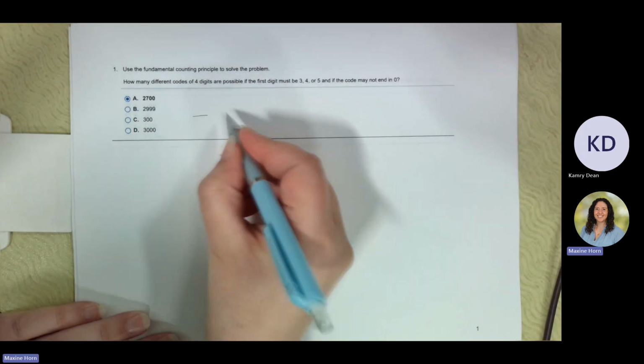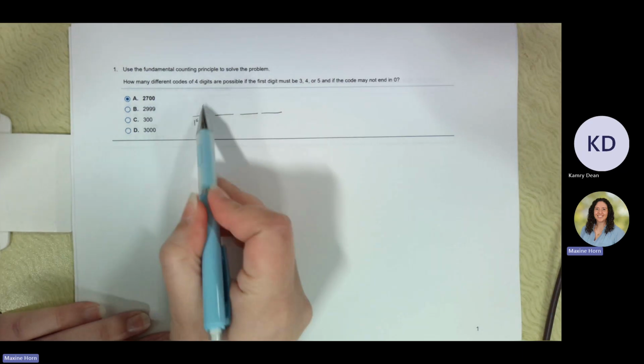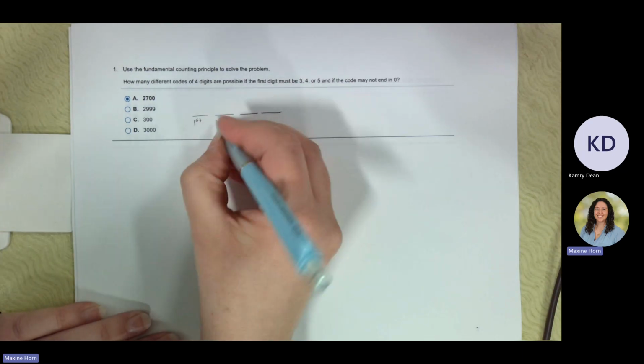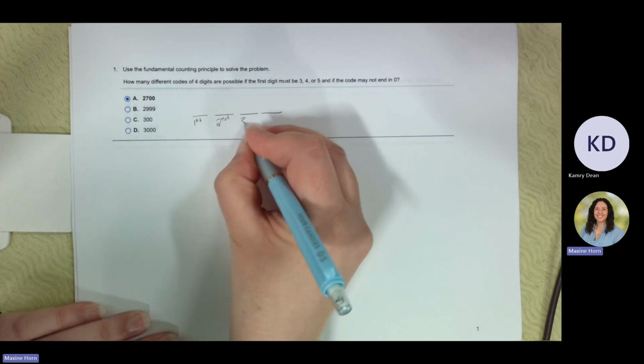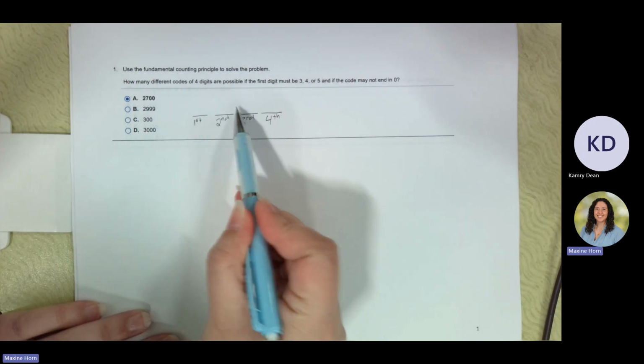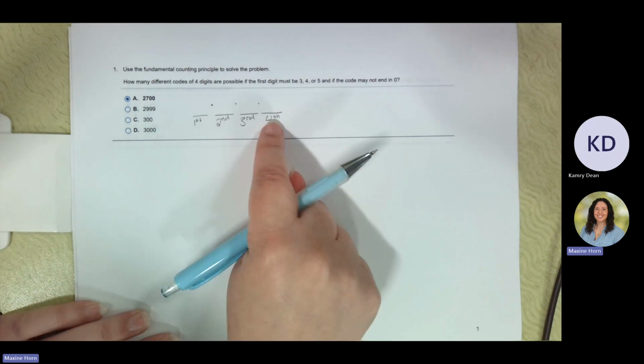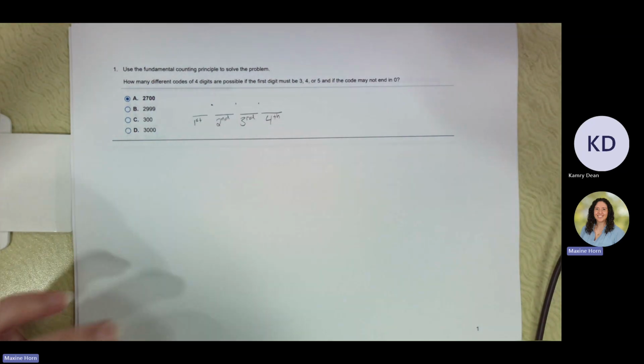So I'm going to draw 1, 2, 3, 4. This represents the number of options I have for my first digit, second, third, and fourth. So I'm going to fill these in with the number of options that I have available for each of those, and then we're going to multiply these together.